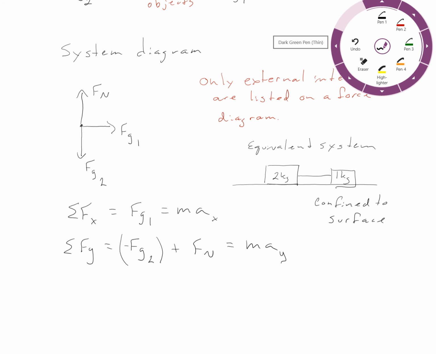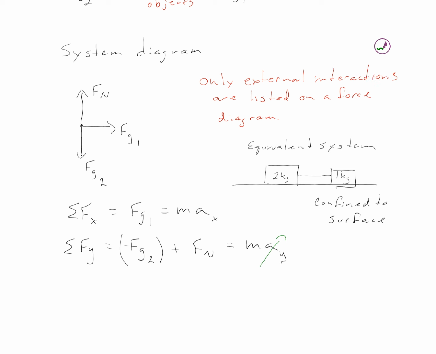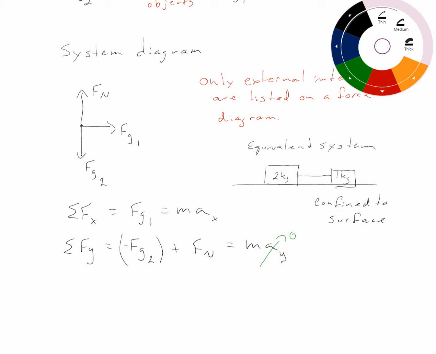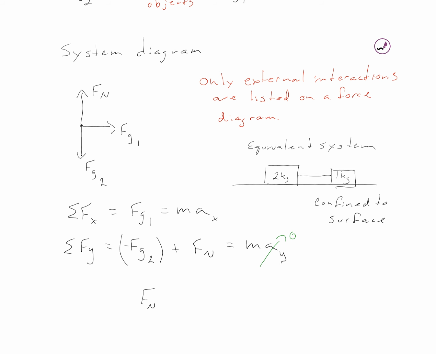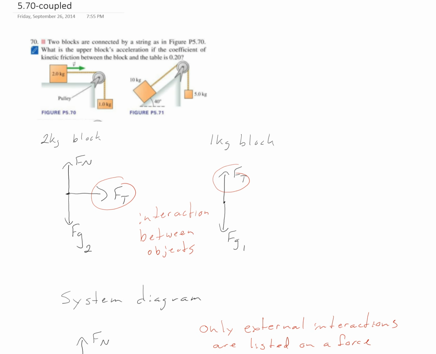What that means is my acceleration in the y direction goes to 0. So I can say that the force normal is equal to the force due to gravity 2. Well actually, what was my question asking?